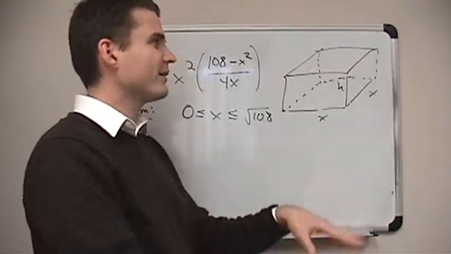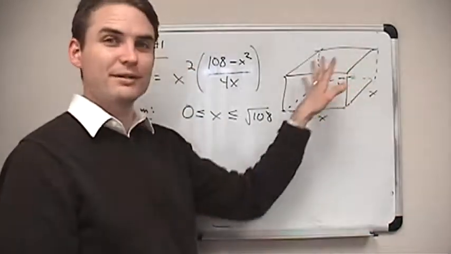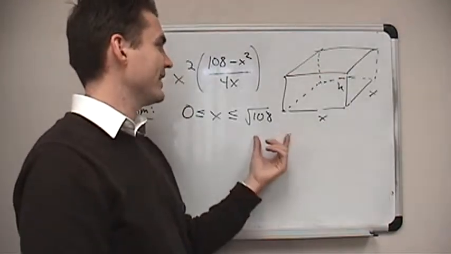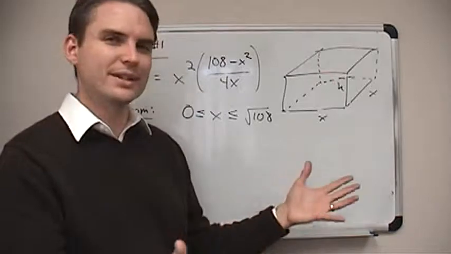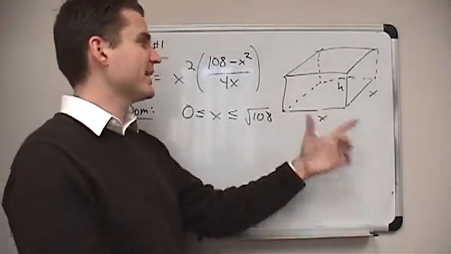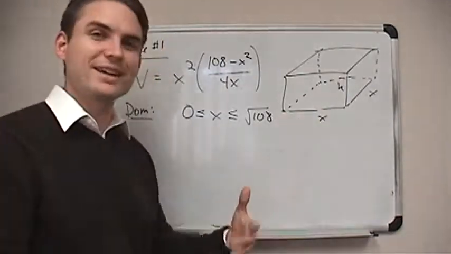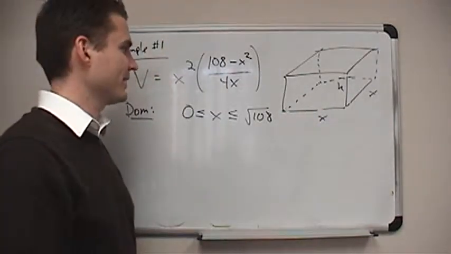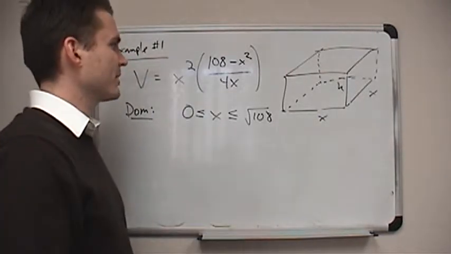And remember, the surface area of the entire box has to be 108 square inches. So if x is the square root of 108, whatever that turns out to be, it's a little bigger than 10, like 10.4 or something, that's the biggest x could be. Because if it's the square root of 108, we actually don't have anything left for the height of the box. So you could say that this is the valid domain of the problem.